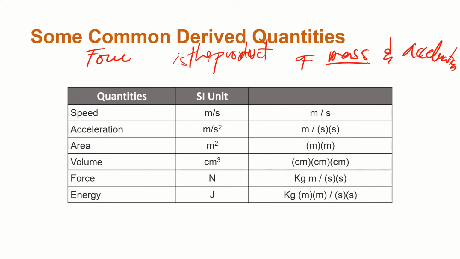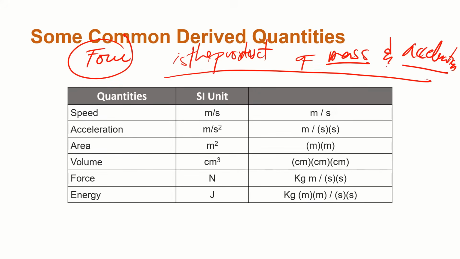Mass is a fundamental quantity and acceleration is a derived quantity. So, this is a calculation, right? How to solve for the force. This is its definition: force is defined as the product of mass and acceleration.